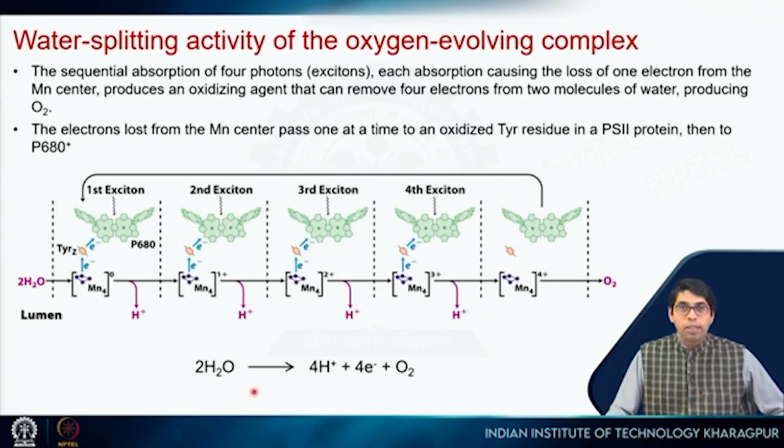It can be written like this: 2 molecules of water will result in 4 hydrogen ions, so 1, 2, 3, 4, and passage of 4 electrons. So you see 1 electron goes, second, third and fourth, and ultimately formation of 1 molecule of oxygen, right?